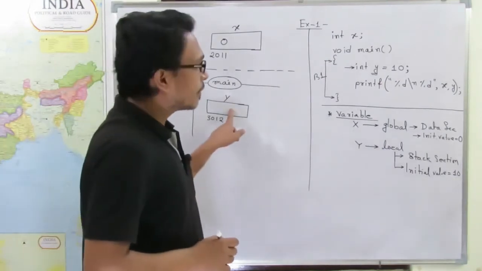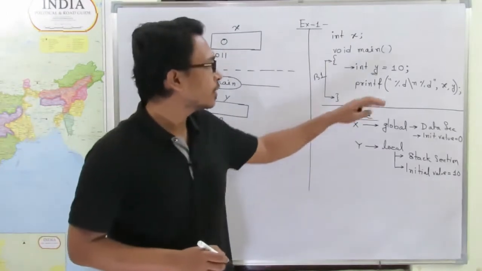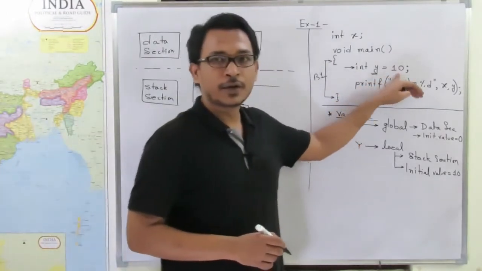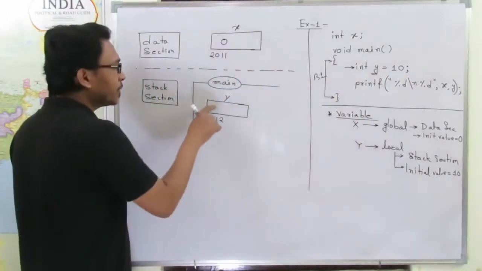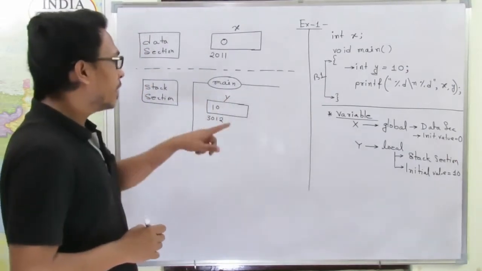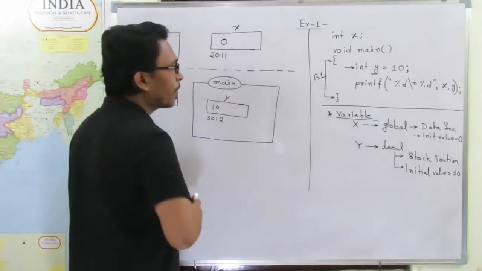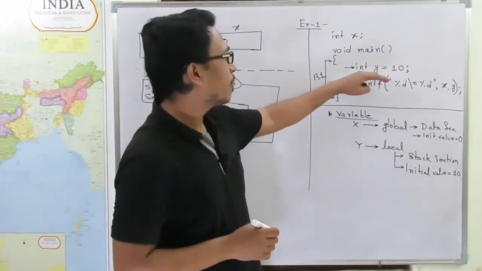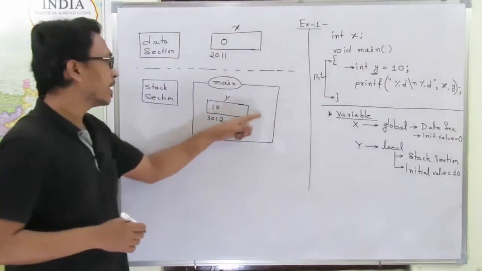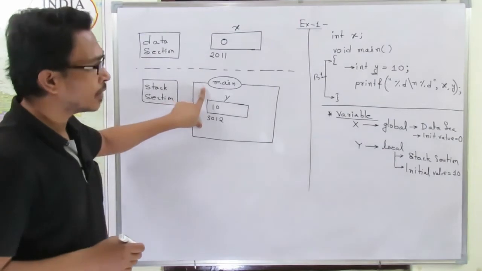Now coming to the initialization part. For initialization, one value is already specified and that is 10. So this variable y will be initialized with the specified value 10. So this is our main block, and inside the main block we have only one variable, whose memory is allocated from the main block itself.